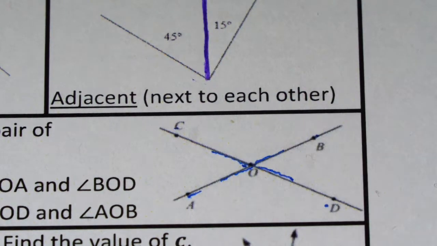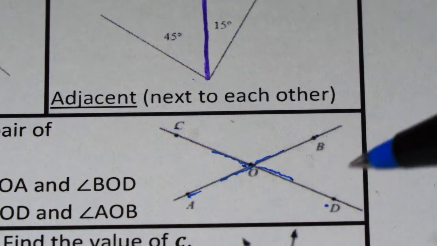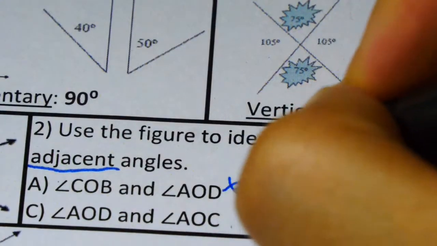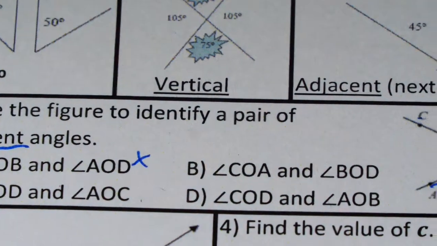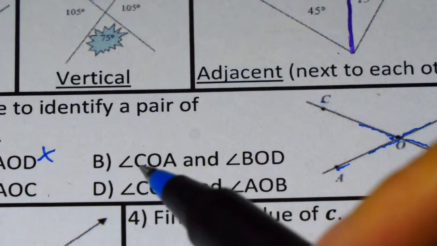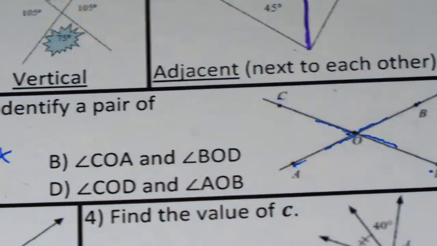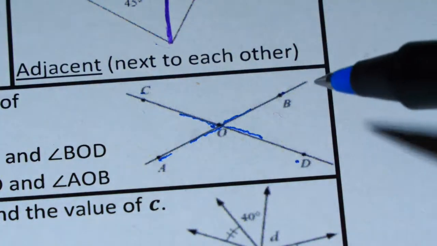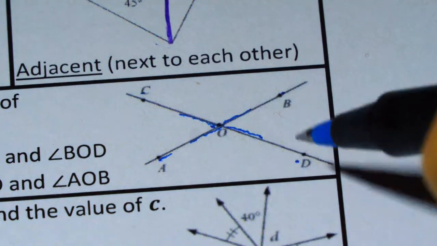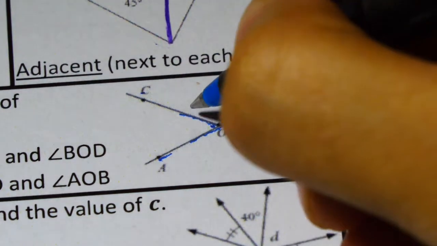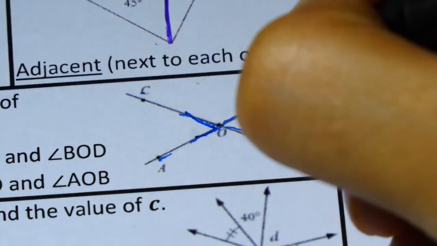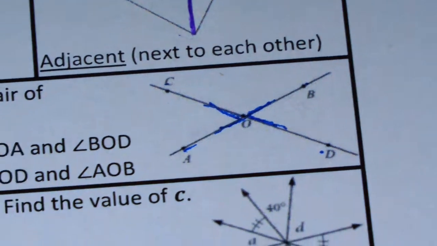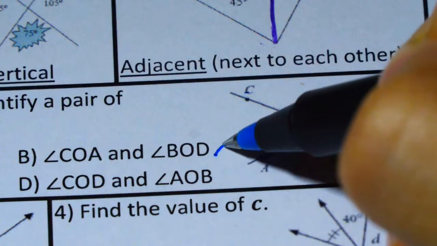They are not sharing the same line. They have different lines. So they are not adjacent. Let's look at the next one. COA and BOD. They are also not adjacent because they are not sharing the same line. They are not next to each other. So this is not adjacent.